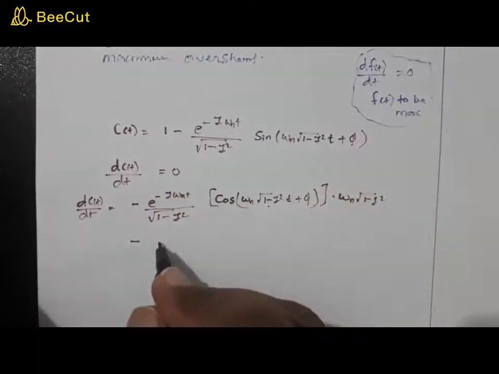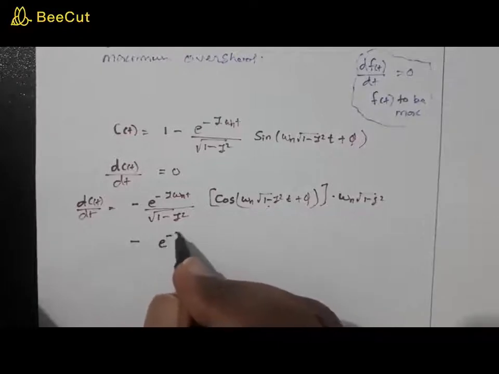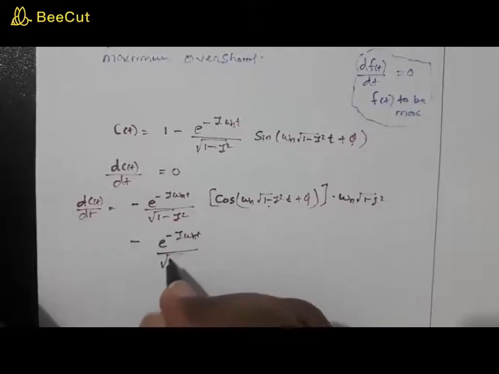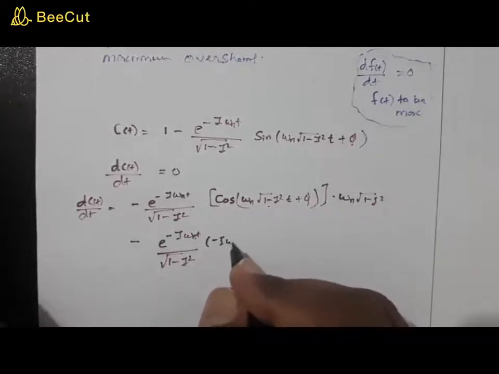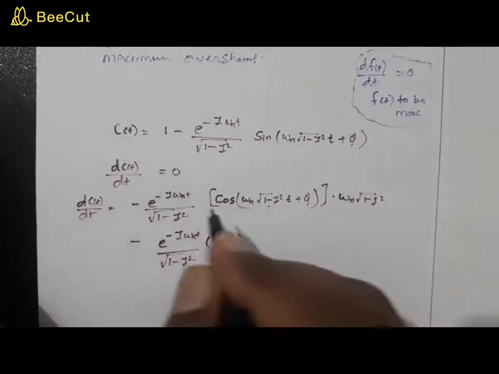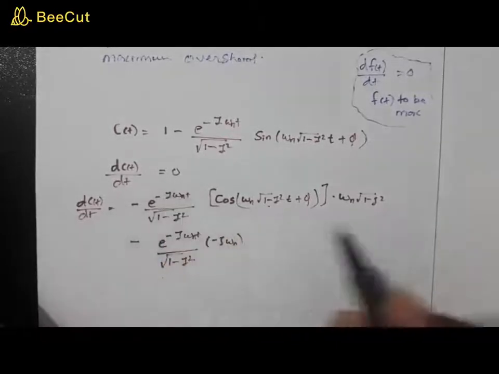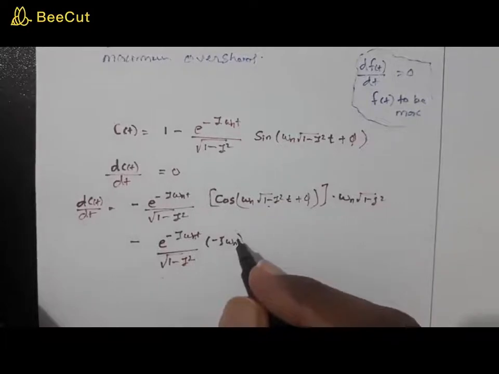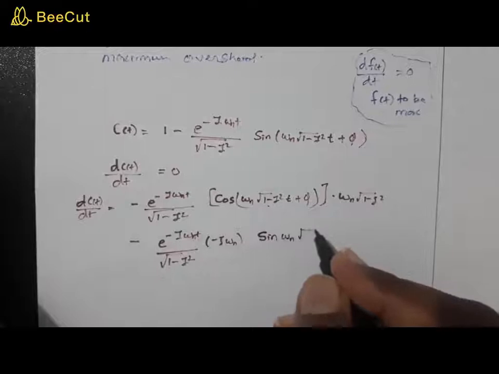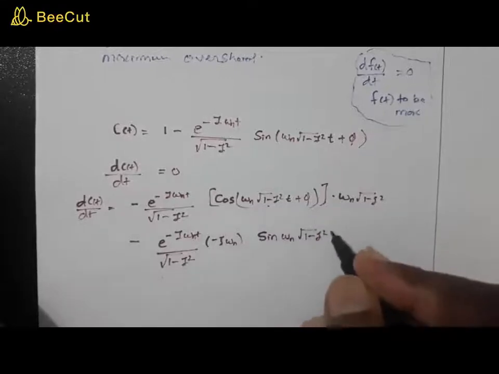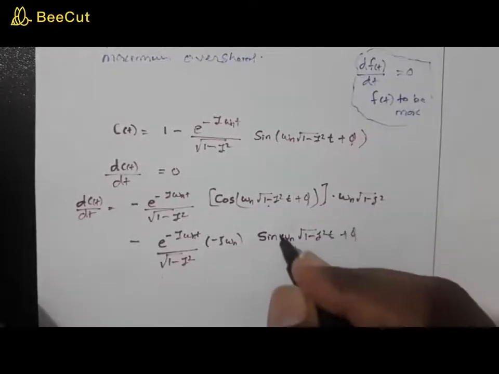When you differentiate this, you will get e raised to minus zeta omega n t divided by root of 1 minus zeta squared, into minus zeta omega n, into sine of omega n root of 1 minus zeta squared t plus phi.